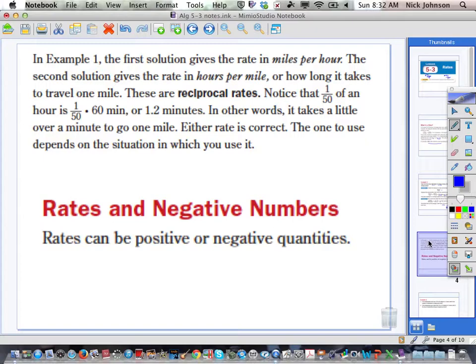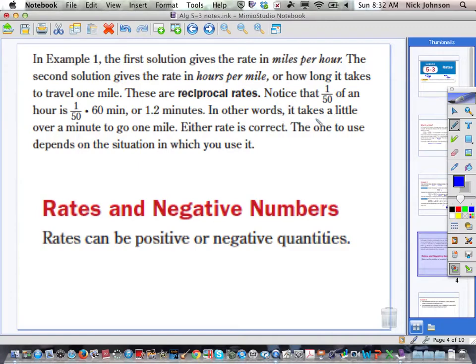In example 1, the first solution gives the rate in miles per hour. The second solution gives the rate in hours per mile, or how long it takes to travel 1 mile. These are reciprocal rates. Notice that 1/50th of an hour is 1/50th times 60 minutes, or 1.2 minutes.